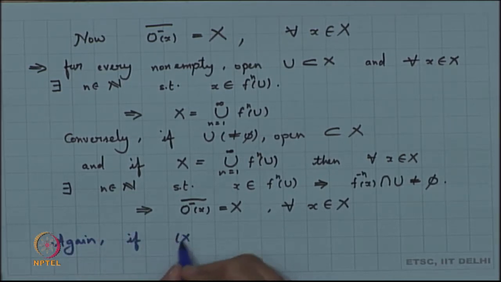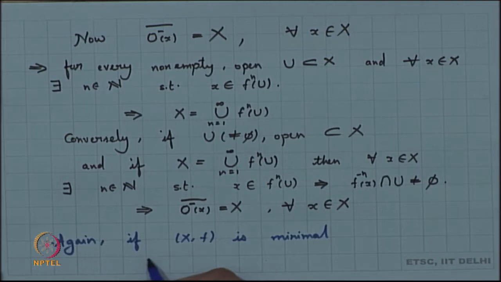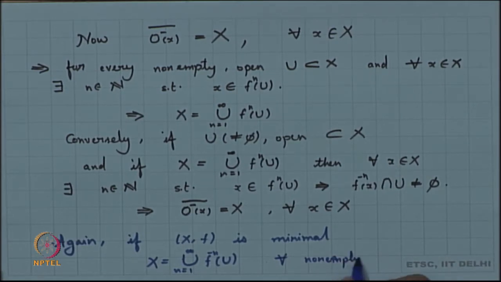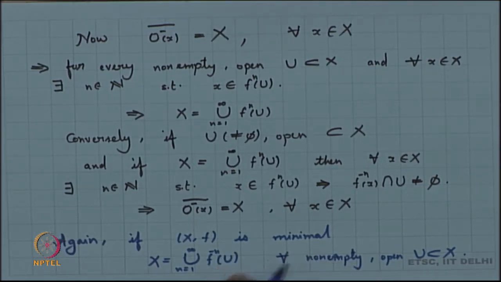If your system is minimal, we have seen that X can be written as the union of f^{-n}(U), n going from 1 to infinity, for every non-empty open U subset of X. Now think of that: we know that our system is compact, X is compact, and these are all open sets.